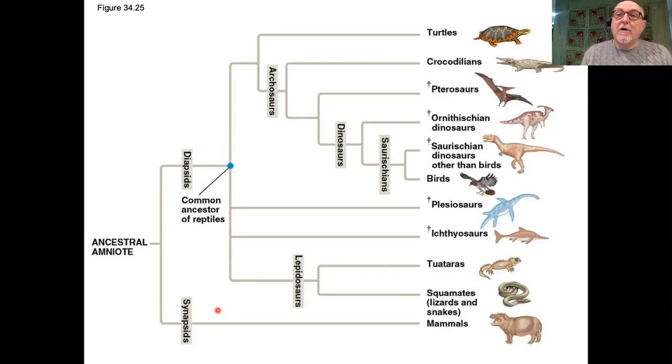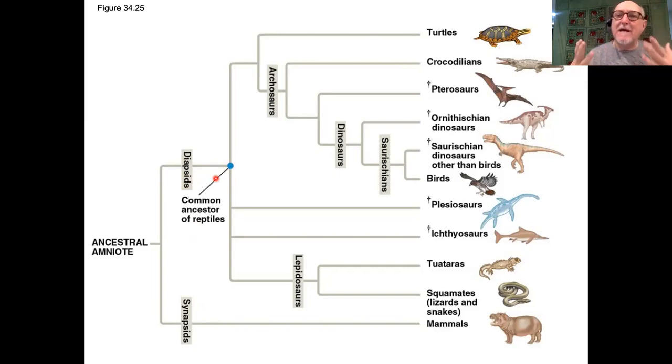They do indeed look reptilian, but there are very distinct characters which set them apart from the reptiles themselves. So here are the diapsid group, and within that early diapsid group, we believe there was a common ancestor to all of the reptiles, both living and extinct.